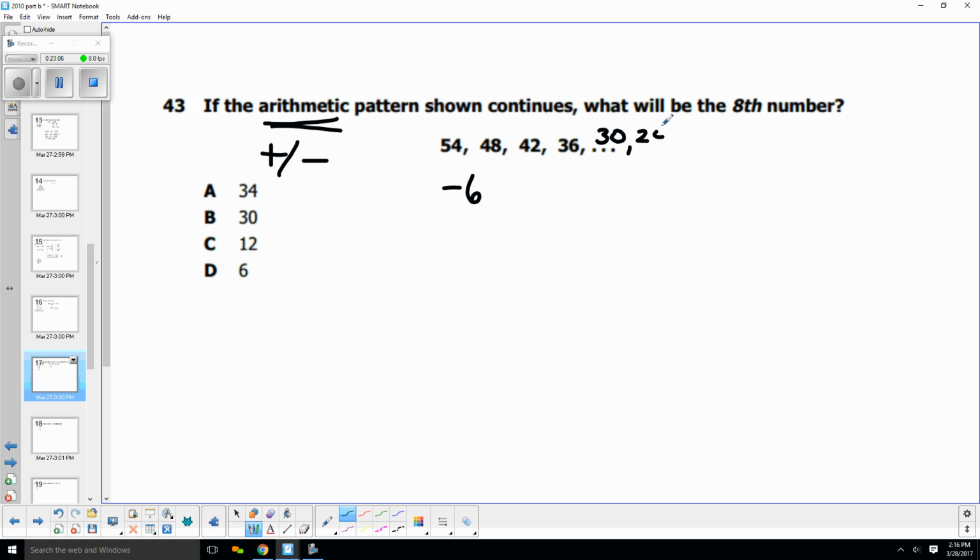And 24, 18, 12, 6, okay, and then it keeps going. I want the 8th term. So 1, 2, 3, 4 was what they gave me, so I had to continue on. 5, 6, 7, and 8. So my answer would be 12. No, she said C.